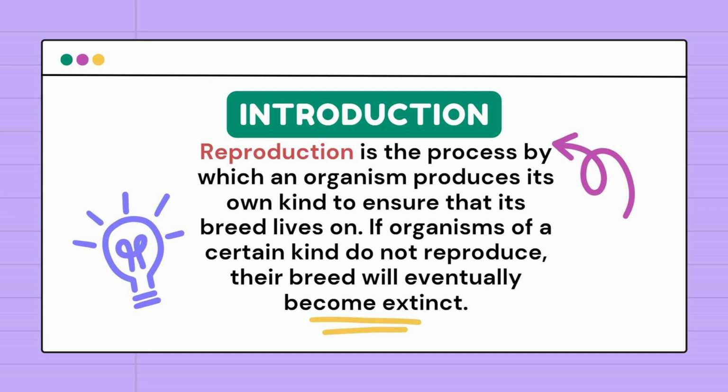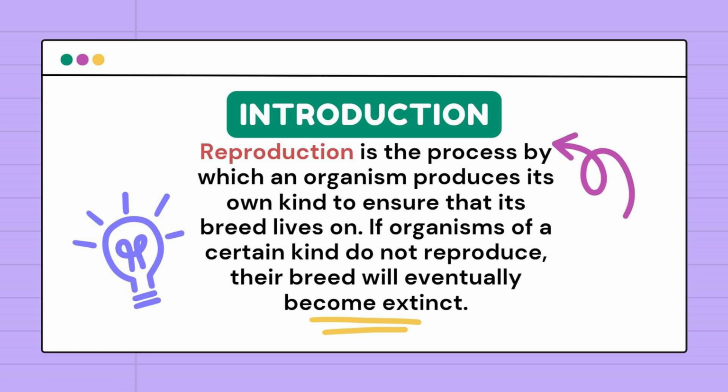Okay? If an organism of a certain kind does not reproduce, their breed will eventually become extinct. Kung hindi ka na mag-aasawa, kung hindi ka na mag-aanak at ikaw na lang ang tao sa mundo, then kapag namatay na yung natitirang tao sa mundo, extinct na siya.